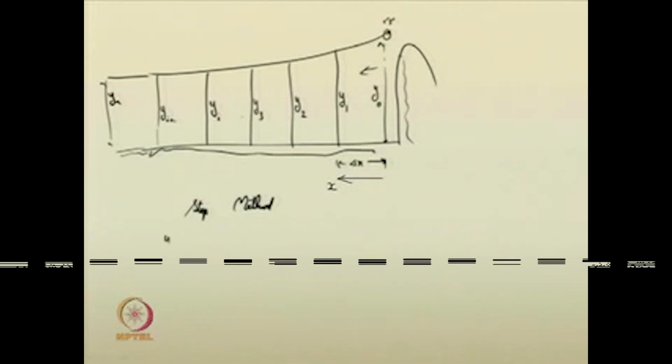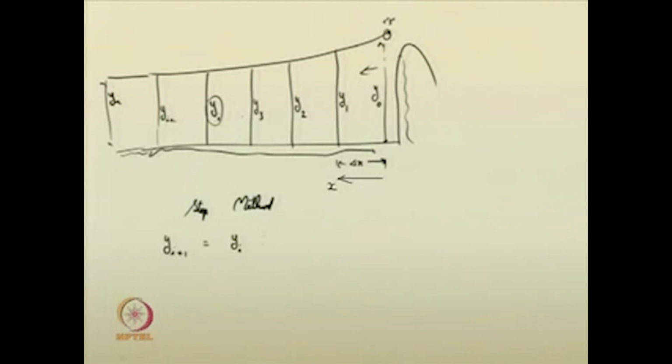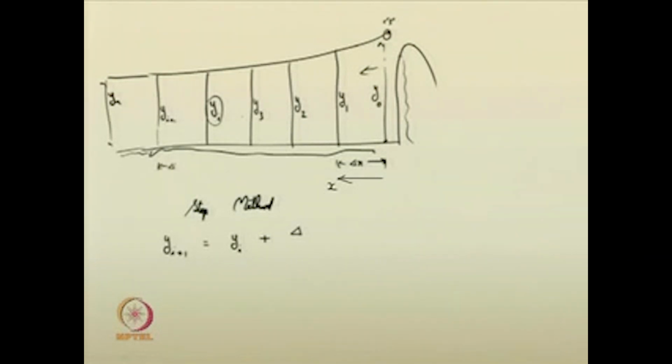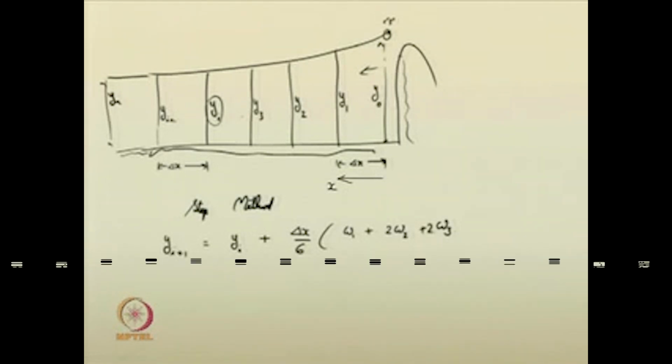So, if the depth at section i is known to you, then the depth at section i plus 1 can be computed with the following algebraic expression: y i plus 1 equals y i, the depth at the known section, plus del x, the distance between the two sections, del x by 6 into omega 1 plus 2 omega 2 plus 2 omega 3 plus omega 4.